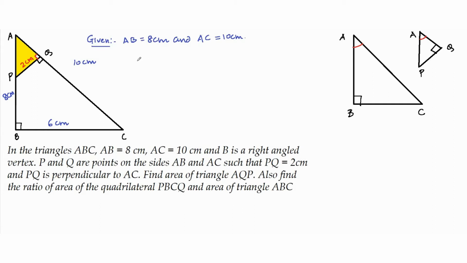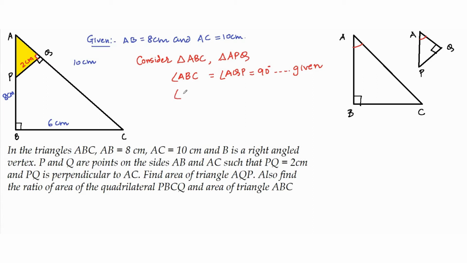So let's consider triangle ABC and triangle APQ. Now I'm showing you how to write the proof part. So angle ABC is equal to angle AQP, that equals 90. This is already given in the question.